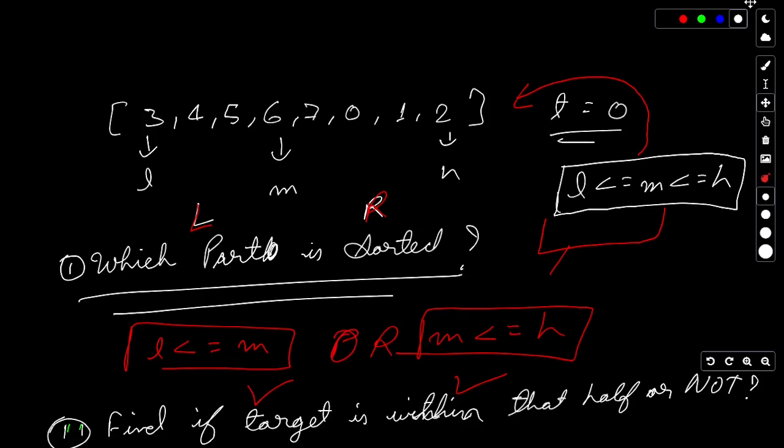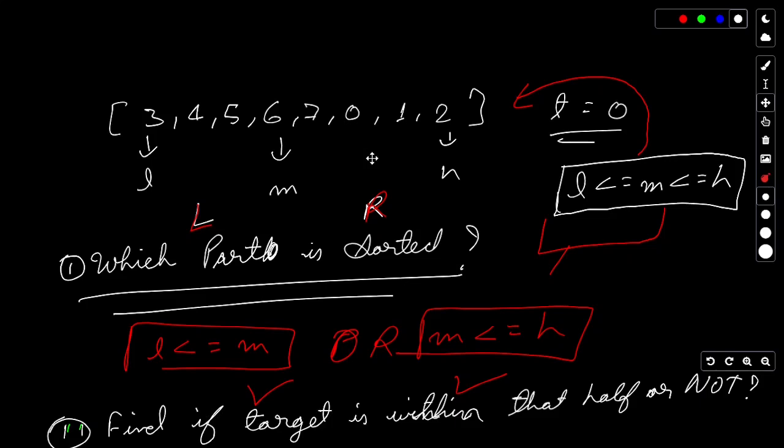First of all, we figured out, yes, let's say left is the sorted half, right? Now we need to figure out whether the target 0 exists within the sorted half or not. As we can just directly see here, the target is not in the sorted half, it is in the unsorted half. Then we will have to define logic to go to the unsorted half.